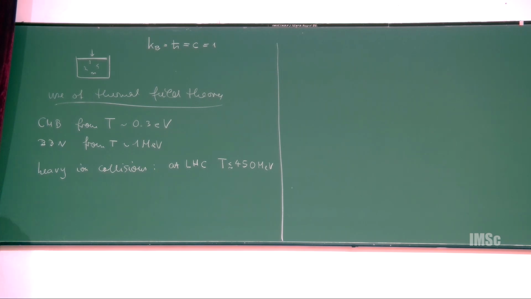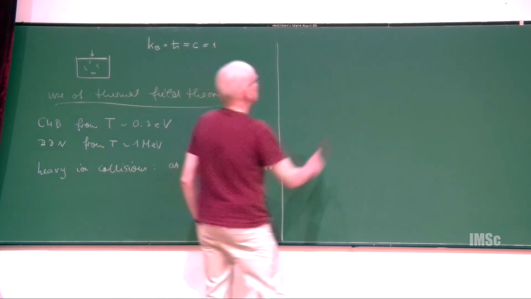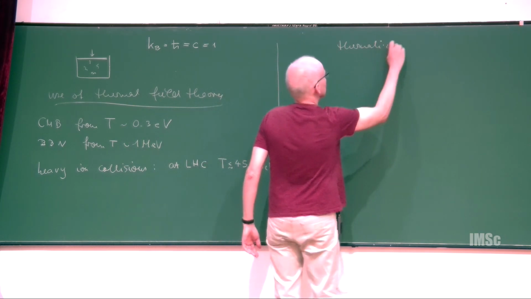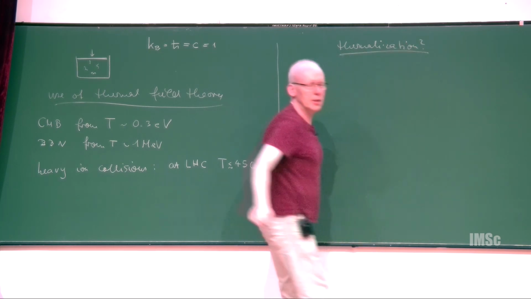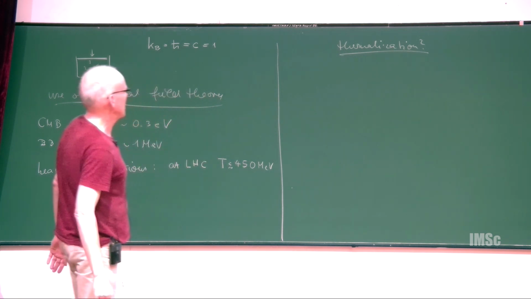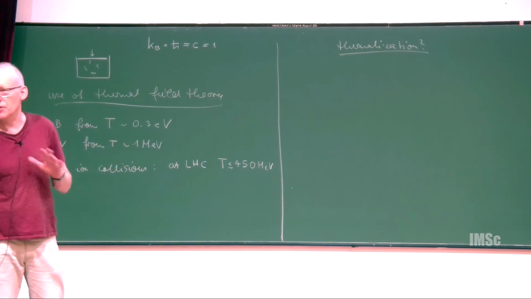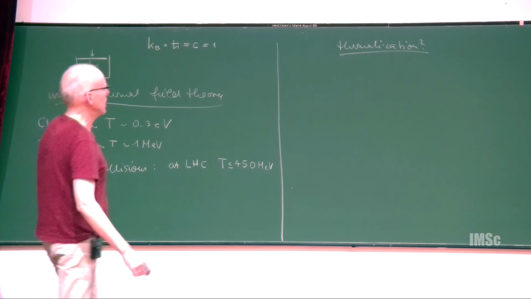So what can we say about thermalization, which, by the way, is an interesting and very complicated topic of current research, but I just do very primitive estimates here, which give us a rough idea of what happens.